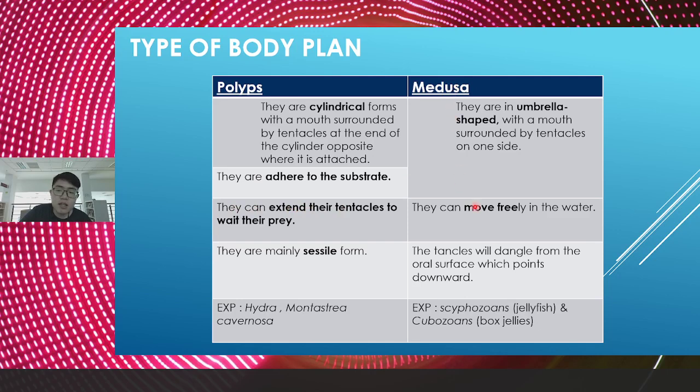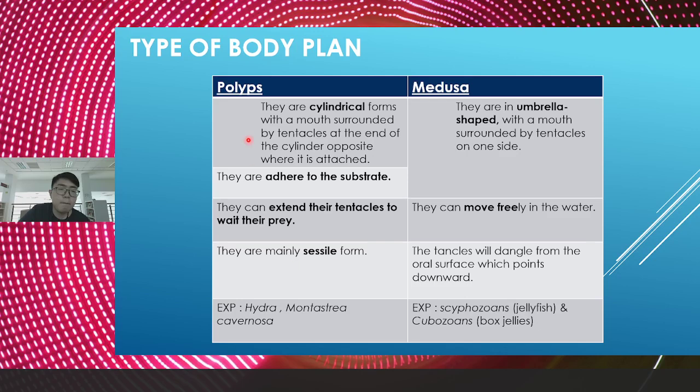And for medusa, it can move freely in the water, so it does not need to extend its tentacles. It only extends its tentacles when there is danger. Like a jellyfish, normally it will keep its tentacles, but if they feel danger, it will extend its tentacles. So the tentacles will point outward from the oral surface.